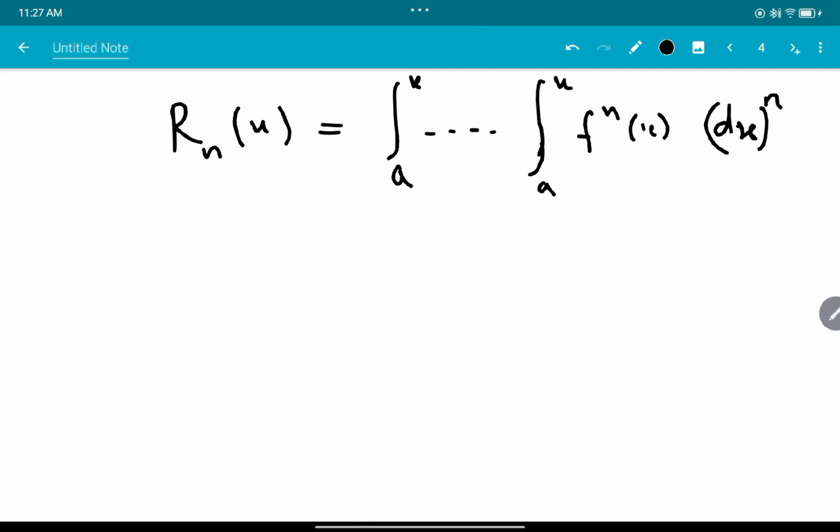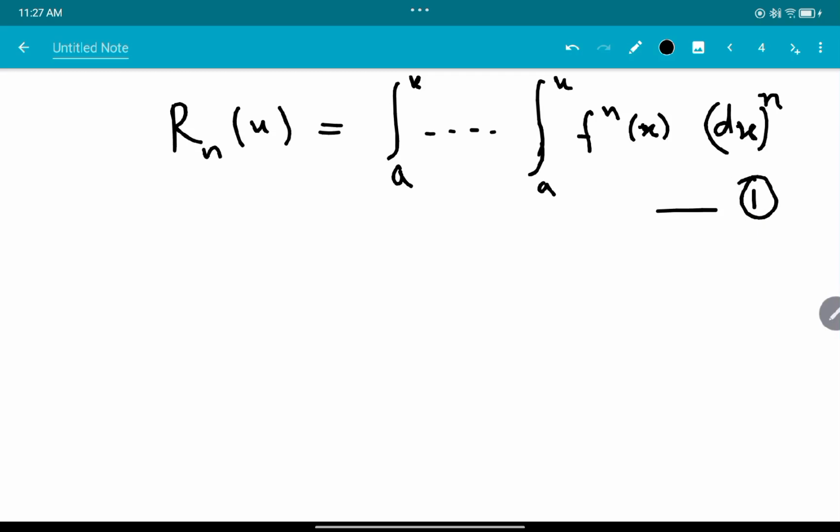Now, in this particular case, f^(n)(x) is not a constant and hence cannot be taken out. In order to evaluate this we would have to know f^(n)(x), but that is not needed. Let us mark this as equation 1.